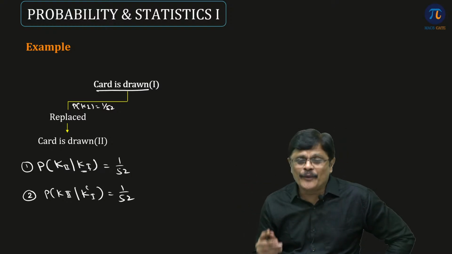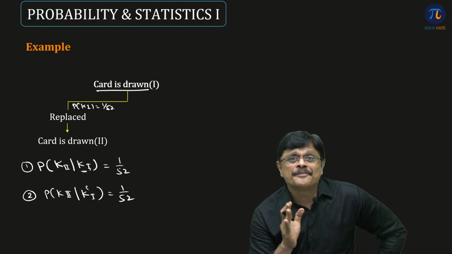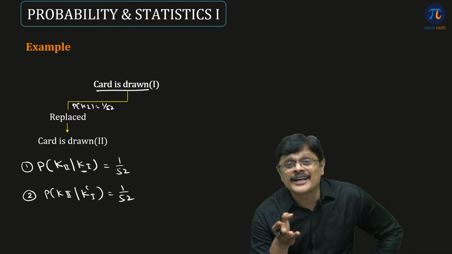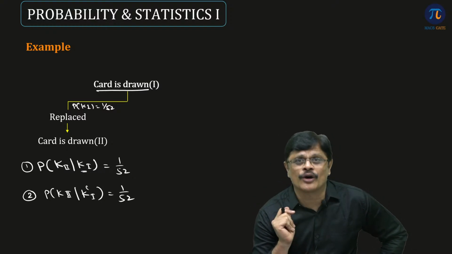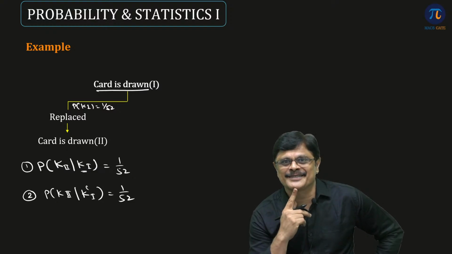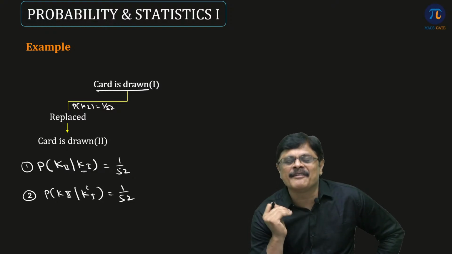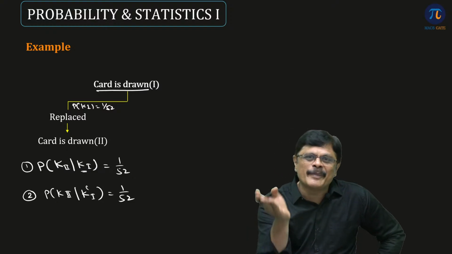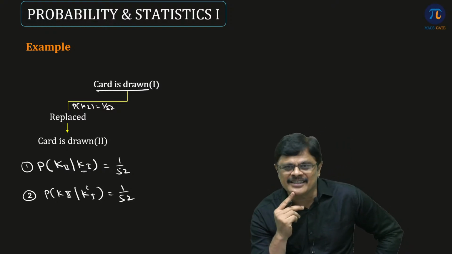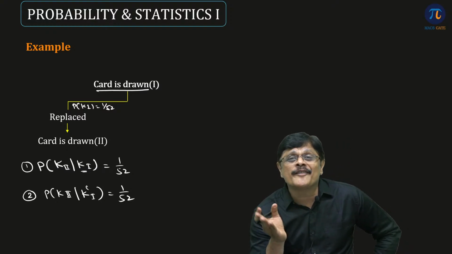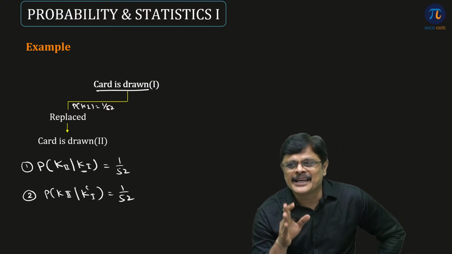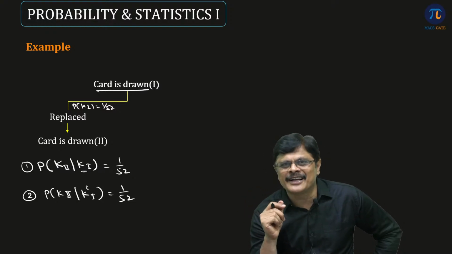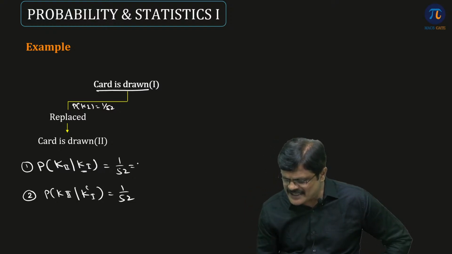So when the second draw does not depend on the first draw, in other words, if the second event does not depend on the first event, then the probability of the second event given the first event is exactly the same as the probability of the second event.